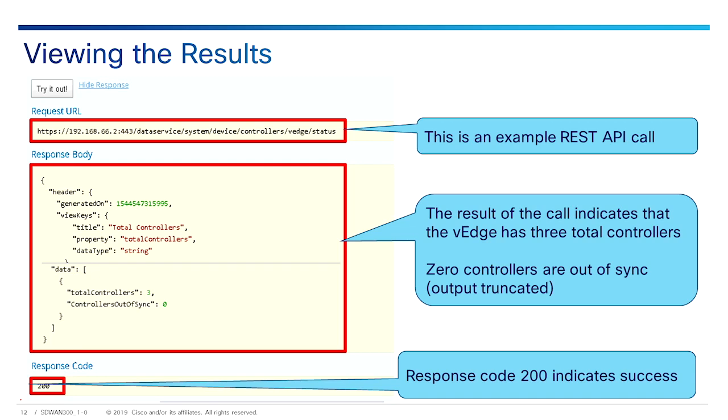Basically, we're showing the request URL up here, which is the actual API call that we're using to get the response that we're seeing below. As a test, copy that request URL and paste it into a normal browser window. Then you can view the result in the browser, as shown in response body and response code. The response code here is a 200 OK, which means success, because it's a standard HTTP response code of 200.